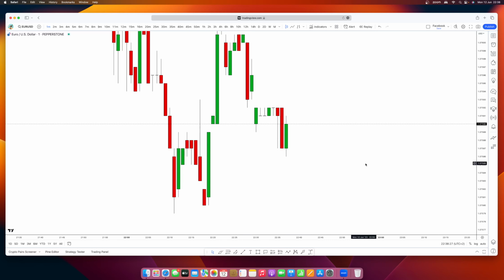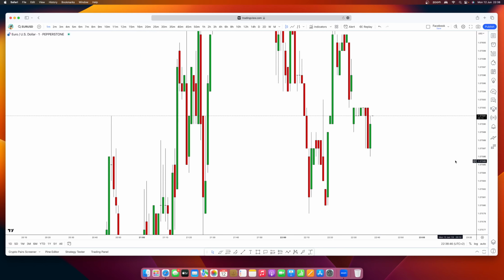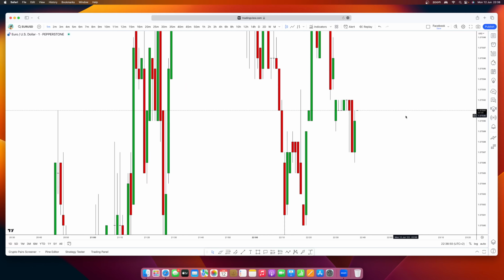Let's wait for a few more seconds to see if a new candle is going to come up. Okay, so I'm not getting a new candle. That is strange. Oh, okay, the candle just showed up. So the new candle just showed up.